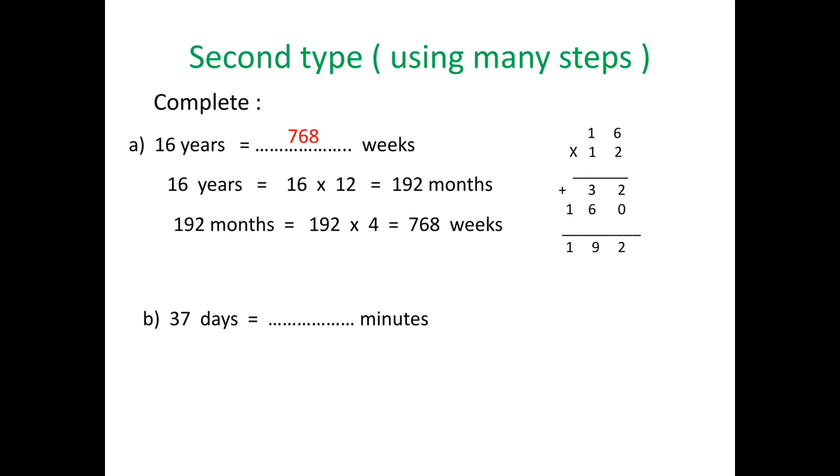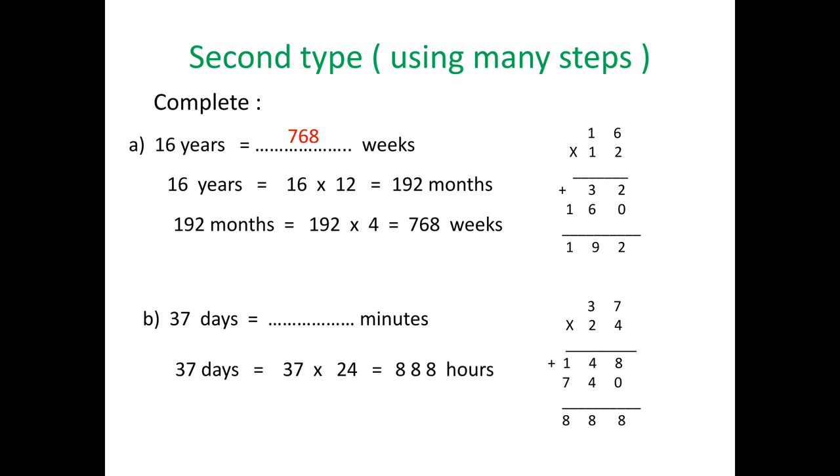From days to hours, it's going to be multiplication because it's from the bigger to the smaller, and the number is going to be 24 because there are 24 hours in a day. So my first step is multiplying the 37 by 24. Do it in your margin. Here is the answer. This is not your final answer. You still need to convert from hours to minutes.